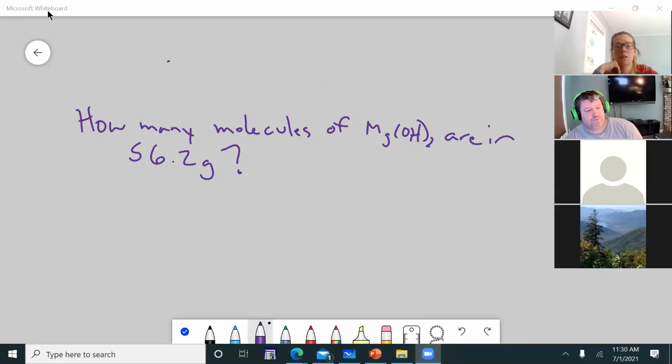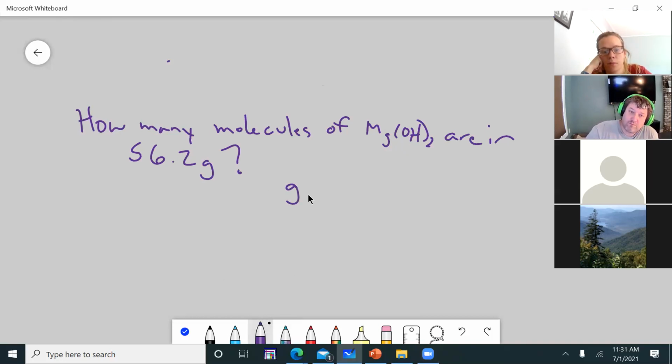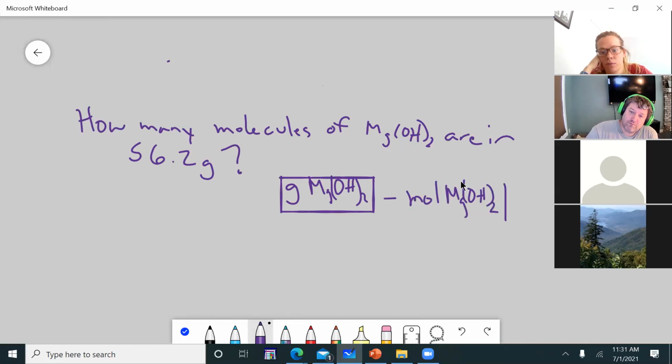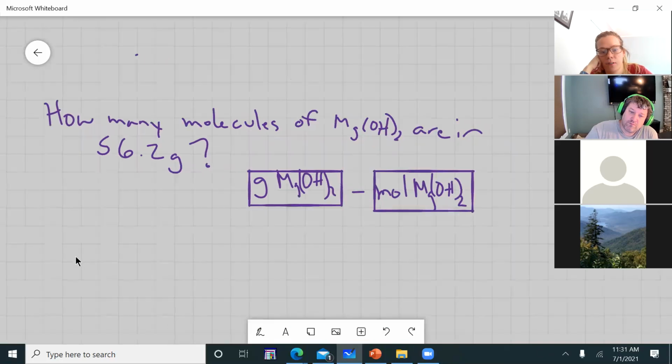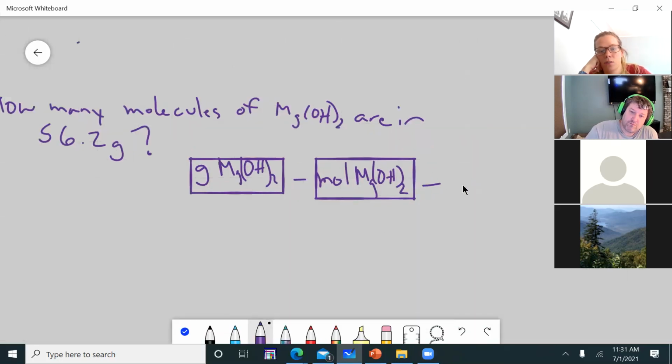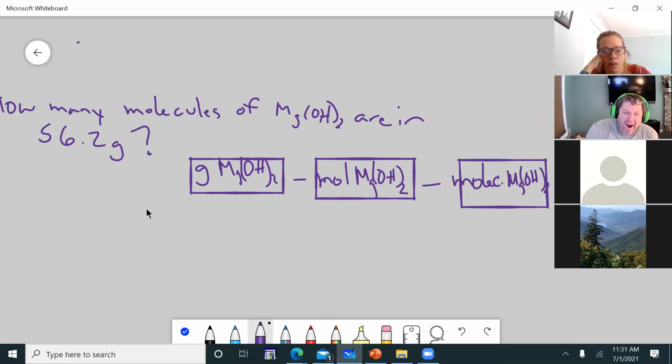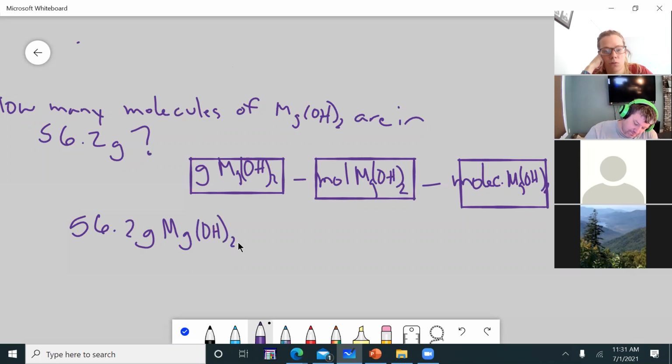Okay, so for this problem, we're dealing with MgOH2, and we're going to go from grams of MgOH2 into moles of MgOH2 because moles is our crossroads. And then from there, we'll go into molecules of MgOH2. So we write our 56.2 grams of MgOH2.